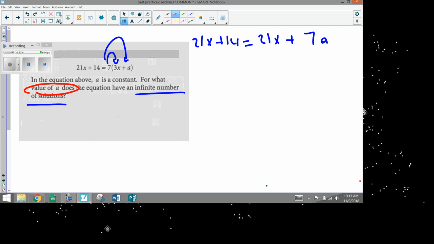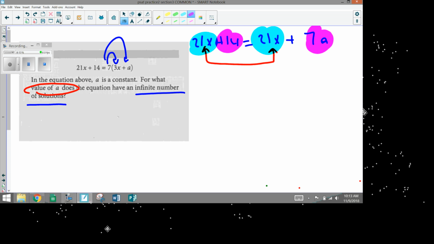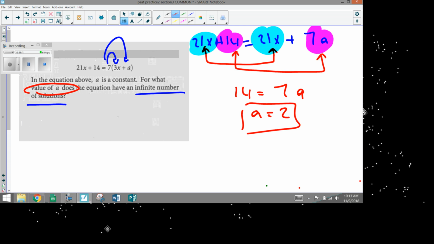When you look at that, these guys are matching, and those are supposed to be matching. So 7a should be equal to 14. So 14 equals 7a. Apparently a is equal to 2. Okay, we solved it, right? Because we need to understand the question deeply. We need to understand the question better.